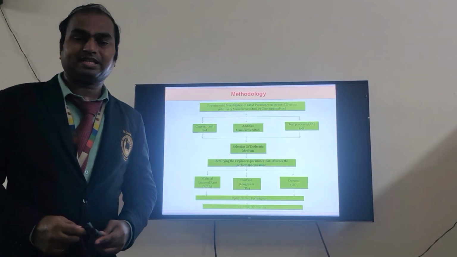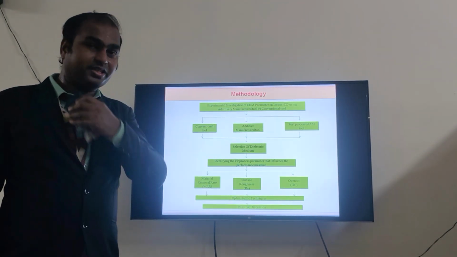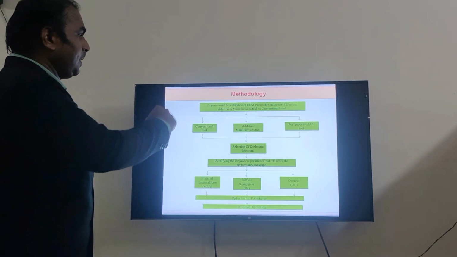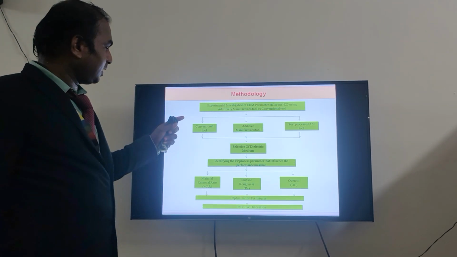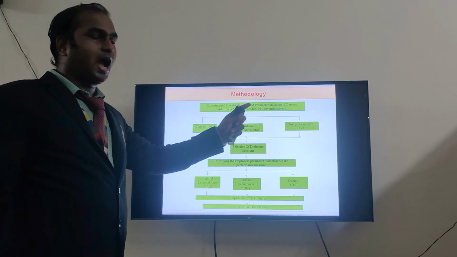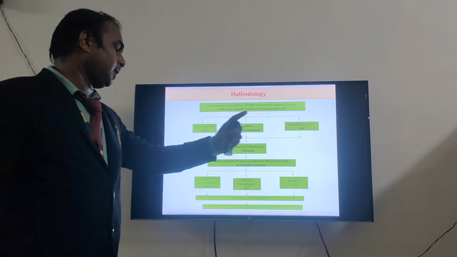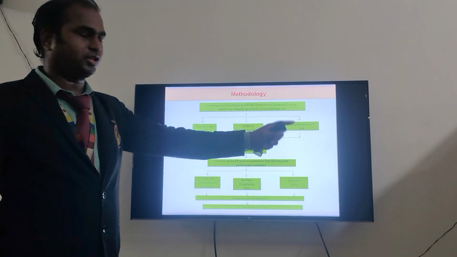Now I will discuss how the methodology can be shown in this flowchart. First, we are going to compare the conventional tool and the additive tool, and the processing and pre-processing involved in the additive manufacturing tool.